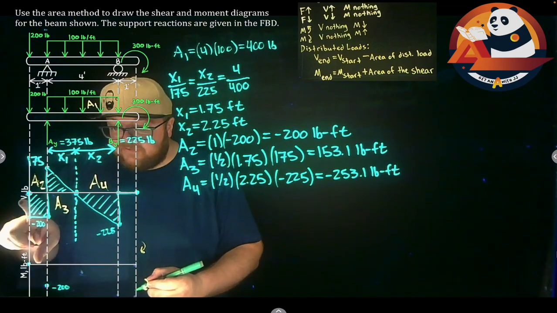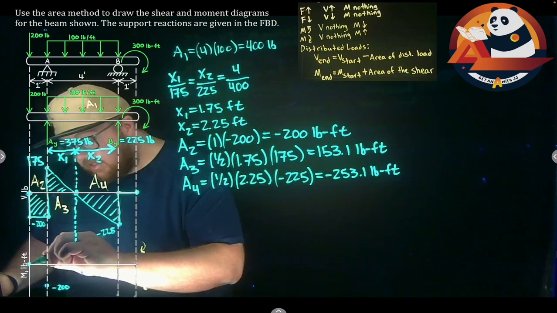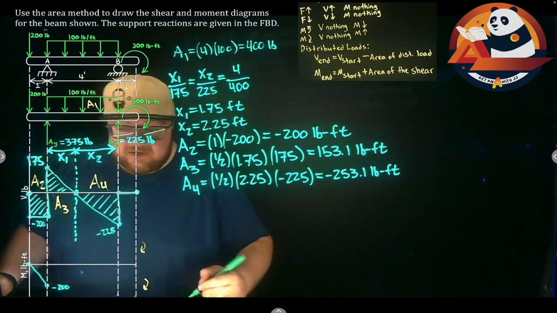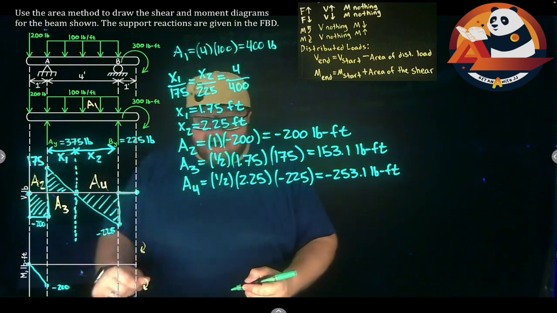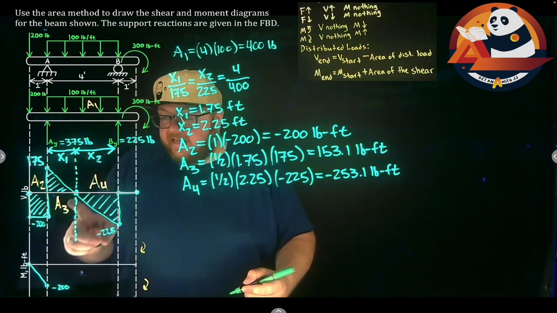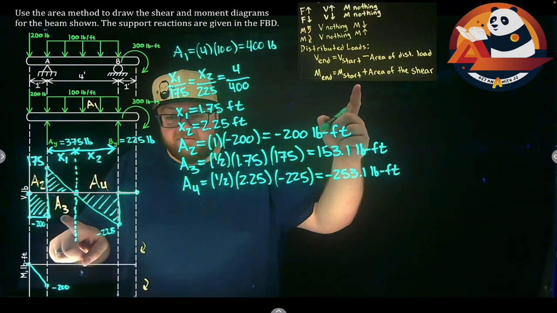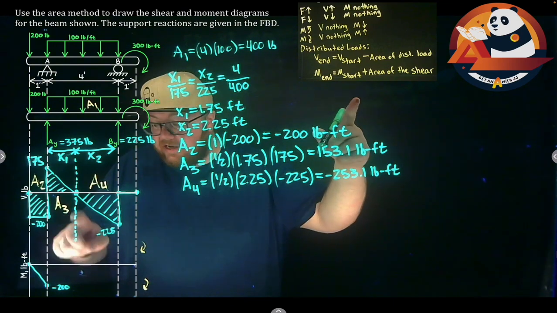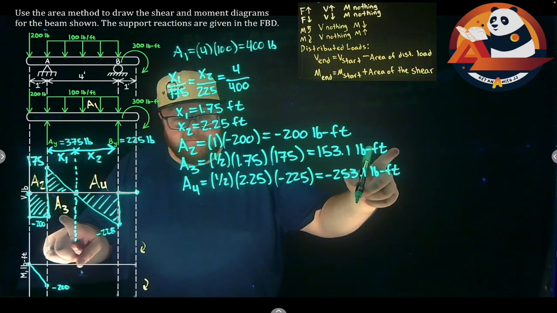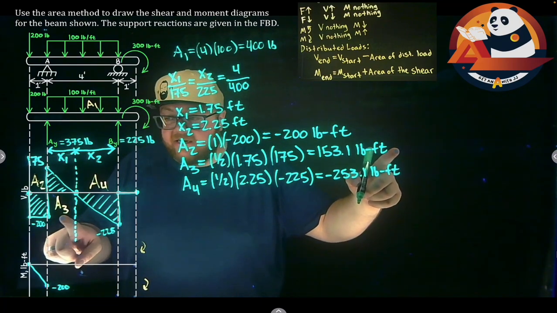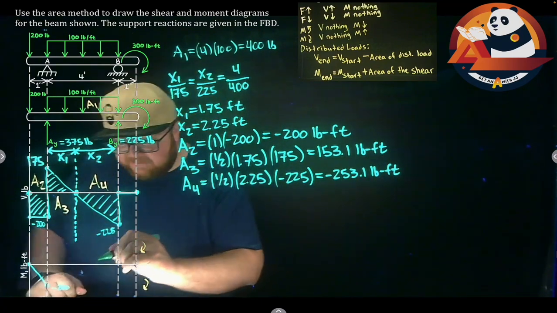I had a constant for my shear. Integrating a constant should give me a linear function. So I just slope downwards to negative 200. My next point, I could come in and say, well, my moment at the end of area 3 should be the moment at the start of area 3, negative 200, plus area 3. So negative 200 plus 153.1 is going to get us negative 46.9.